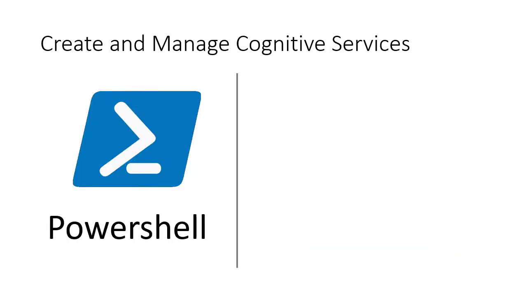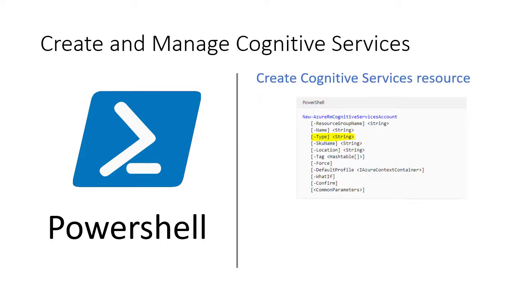The third method is using PowerShell scripting and the Azure ARM library. In this case, I have this example of a command available in this library that allows you to create a cognitive service account. Similar to the Azure CLI command shown previously, you have default parameters such as name, resource group, location, and more.